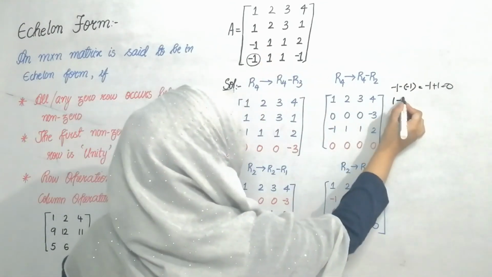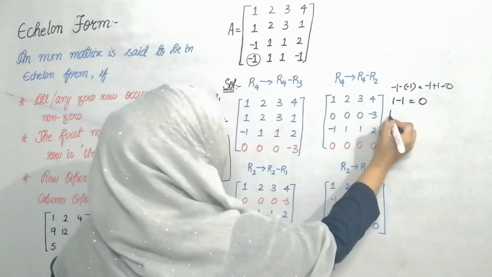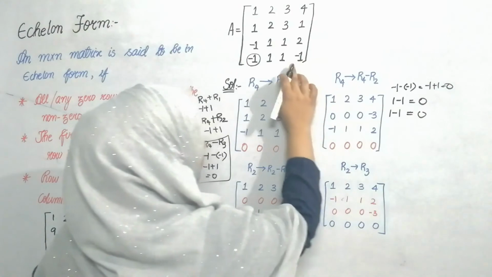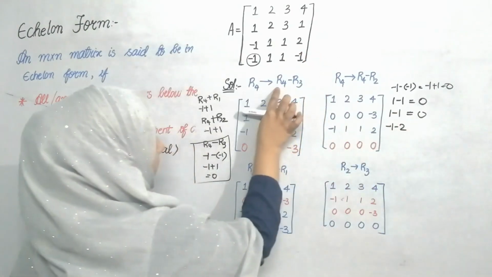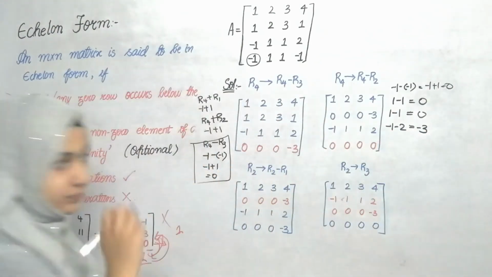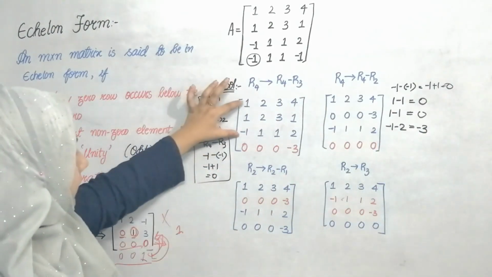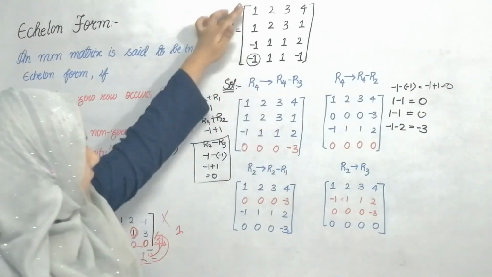R3 is also 1. So 1 minus 1, 0. Same thing, 1 minus 1, 0. Minus 1 minus 2 will give you what? Minus 3. So what happens? These 3 rows will be untouched because I did nothing, so they will be as they are, all the 3 rows.